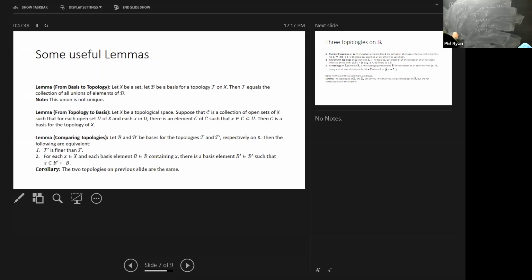Okay, why does 1 imply 2? So let's say X is an element of B, where X is some element of our set and B is some element of our basis.